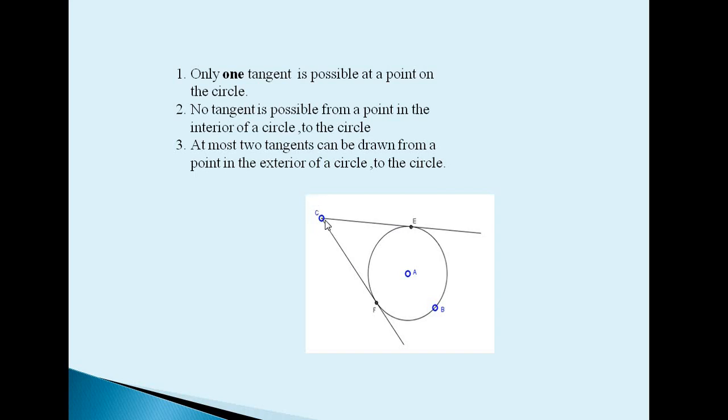Just now I mentioned that, see here, the point C is outside the circle, and from this point you can draw a maximum of two tangents. Here CE and CF are the tangents. Look, point number one: only one tangent can be drawn at a point taken on the circle.